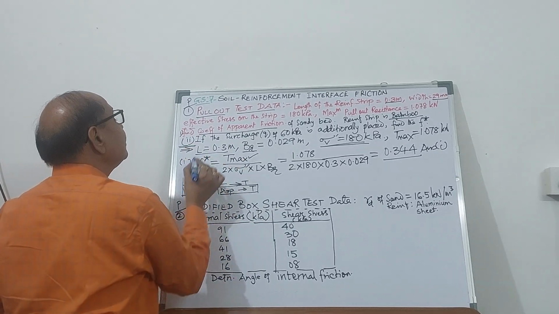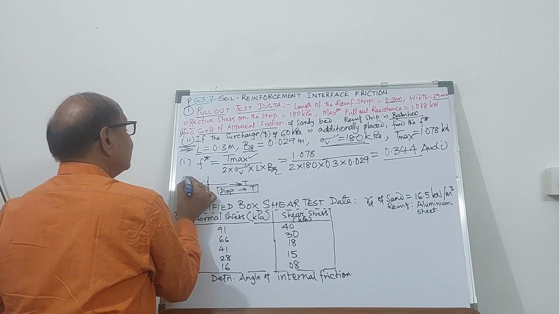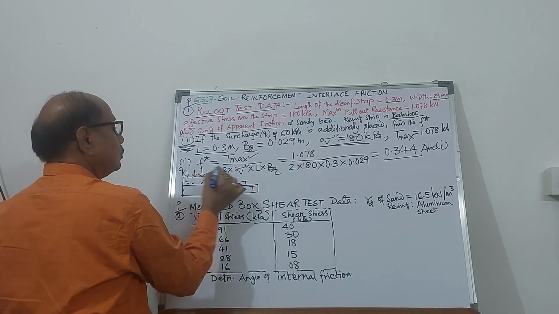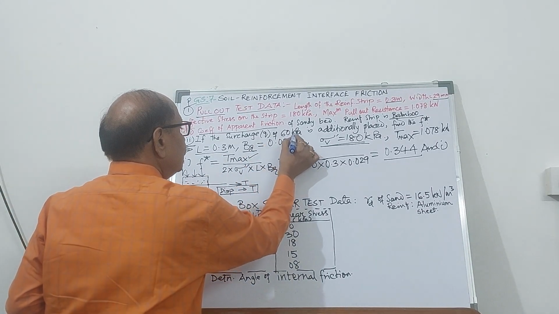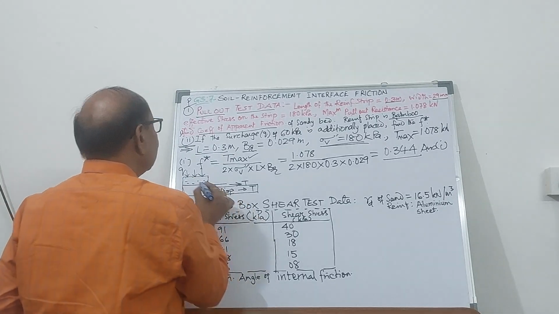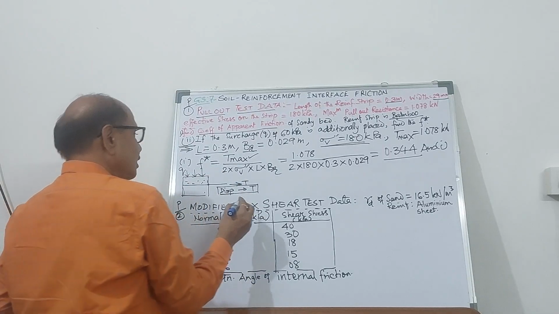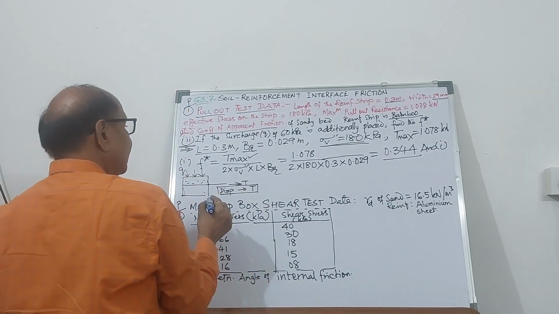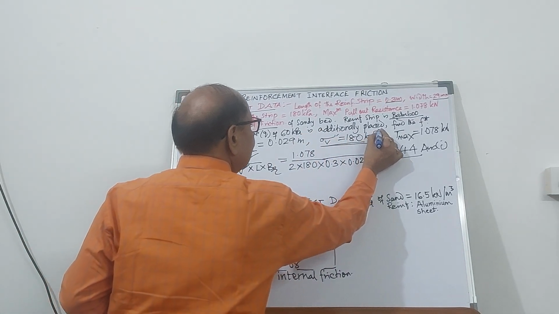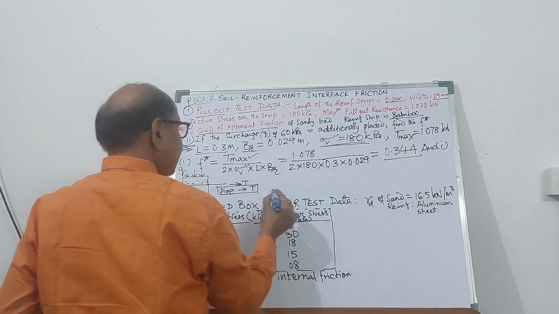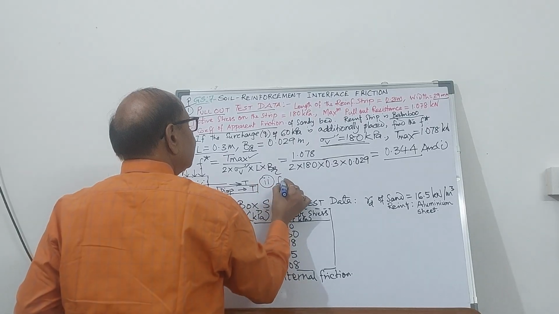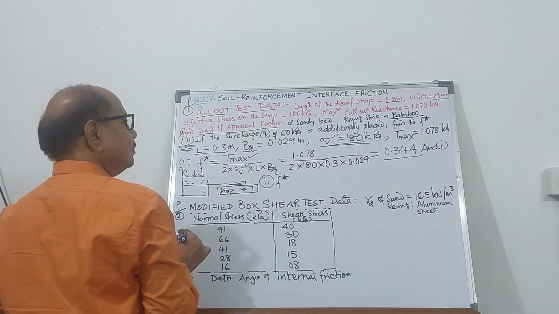So the effective pressure over the reinforcing strip was 180 kilopascal. Now what is happening in the second problem? The surcharge. You are going to put the surcharge here, Q. So what is the value of surcharge Q? It is 60 kilopascal. So in addition to the vertical pressure, the surcharge Q of 60 kilopascal is additionally placed. Find the coefficient of apparent friction.